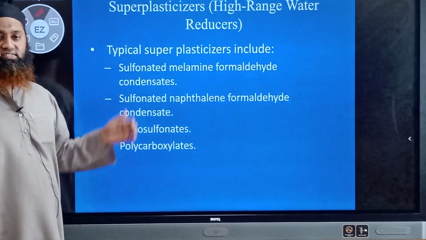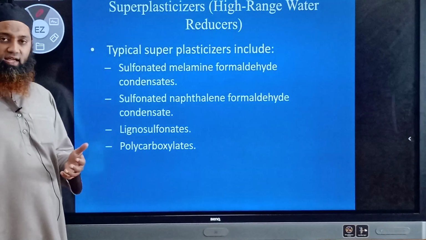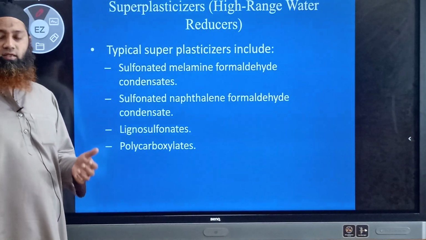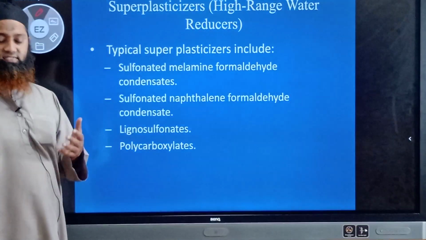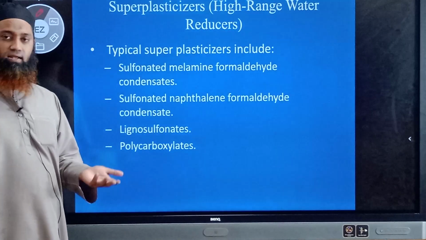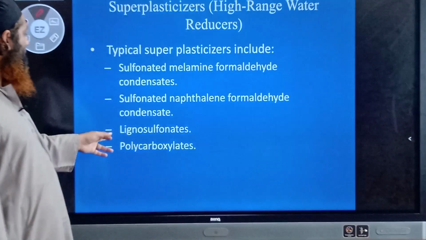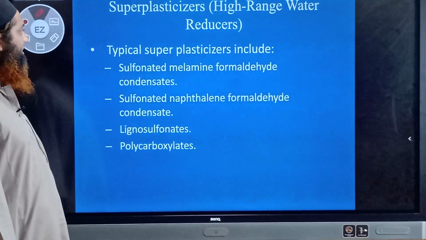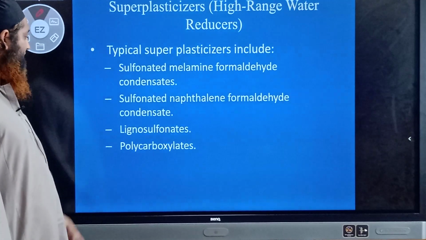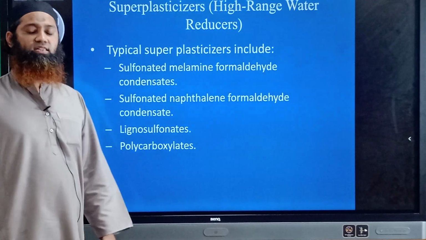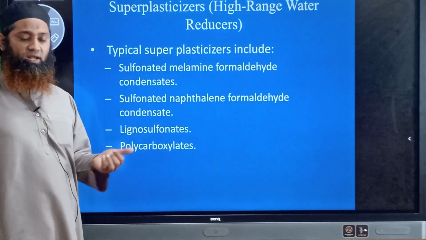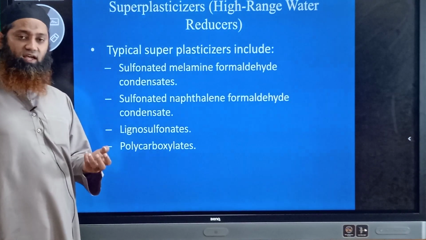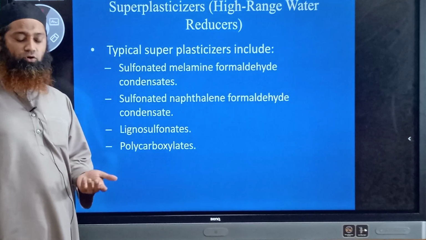This type of super plasticizer is obtained, and the benefit of adding it into the concrete is that it increases the strength as well as the slump. You can see lignosulfonates are also there, as well as polycarboxylates. All these different chemicals are mixed in different quantities. Thereby the super plasticizer is achieved, and it performs very well when mixed into the concrete.